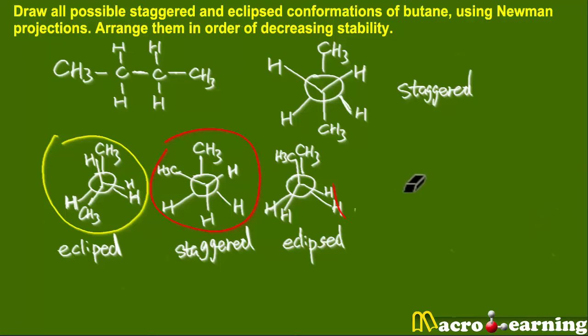Okay. And when it comes to energy, which ones have the higher energy and which ones have the lower energy? So what we know is that the staggered conformations, these two, are always going to have lower energy or higher stability compared to the eclipsed conformations. That's the bottom line, right?